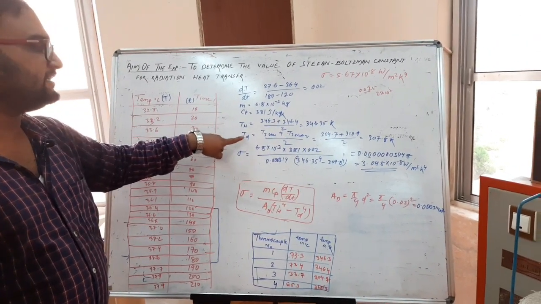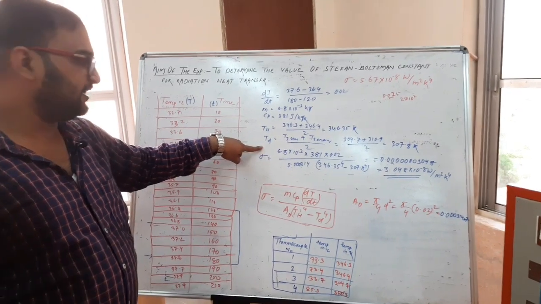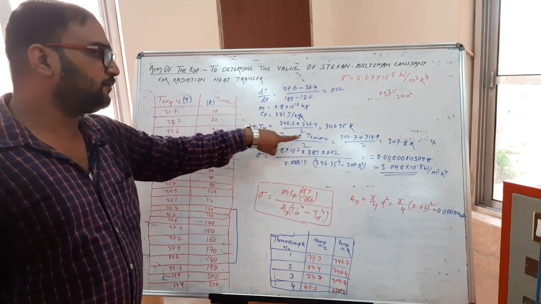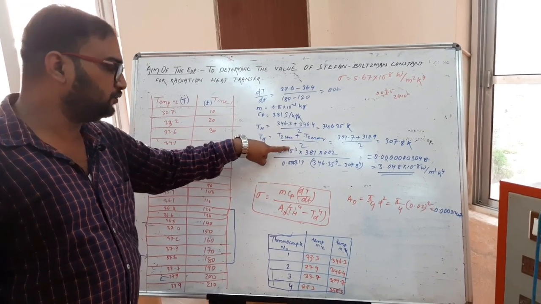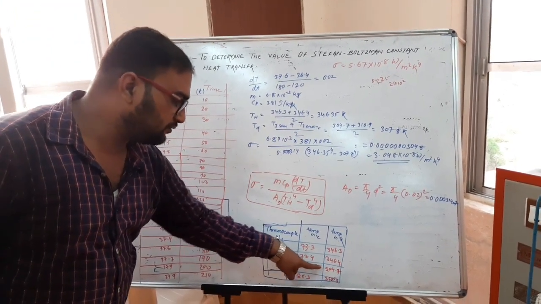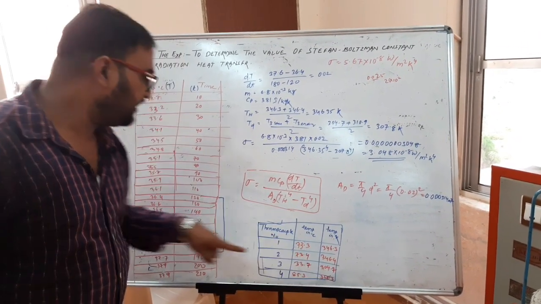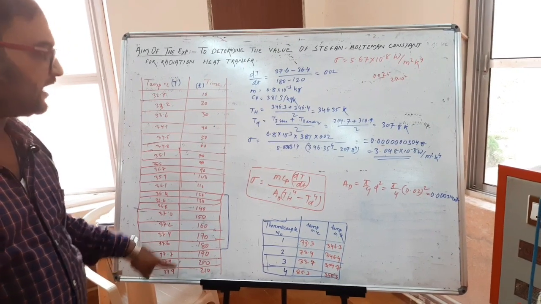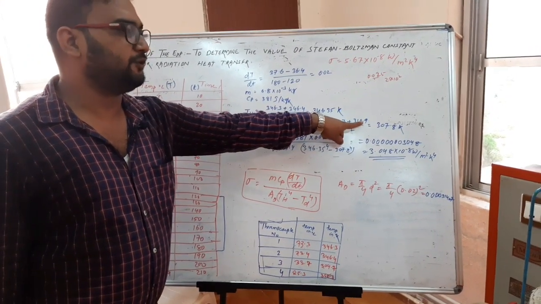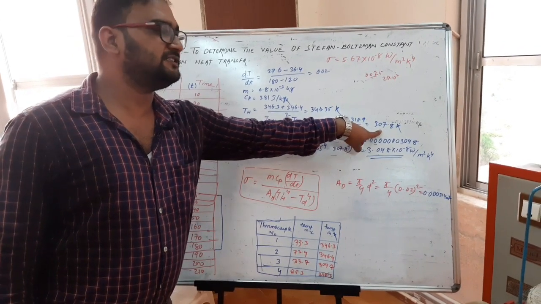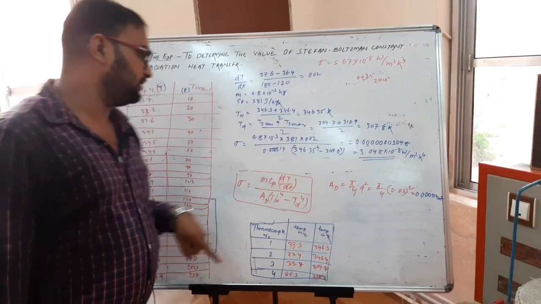Td, the specimen temperature, is equal to (T3 starting value plus T3 ending value) divided by 2. The T3 starting value is 33.7, that means 304.7 Kelvin, and the ending value is 37.9, that is 310.9 Kelvin. So the value of Td will be 307.8 Kelvin.